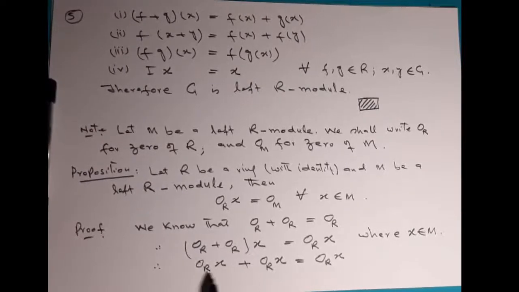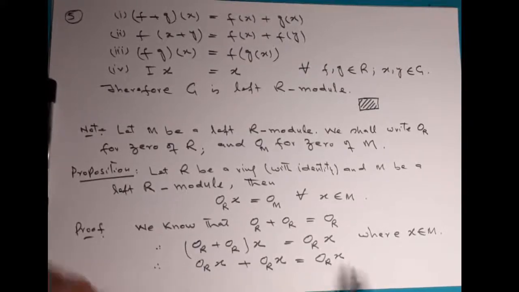So we are using a condition of the definition of module here. And also note that when we multiply an element of a ring with an element of a module, the result belongs to the module. Each of these elements belongs to the module.